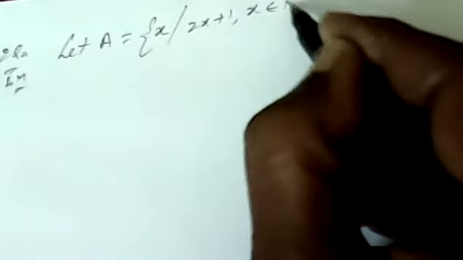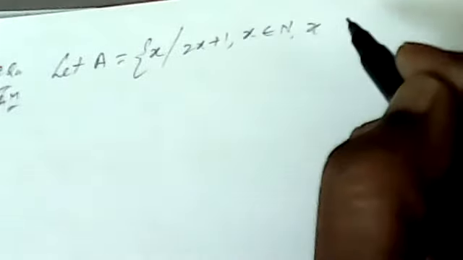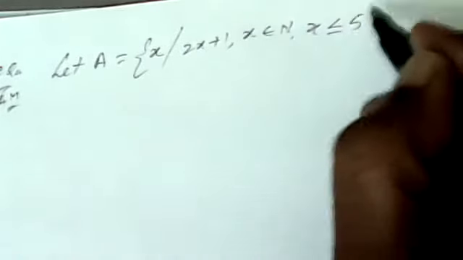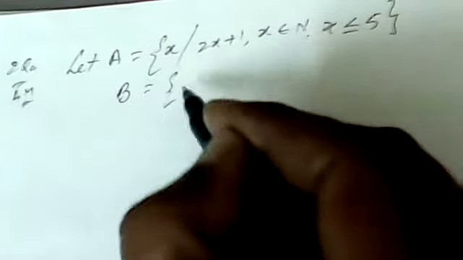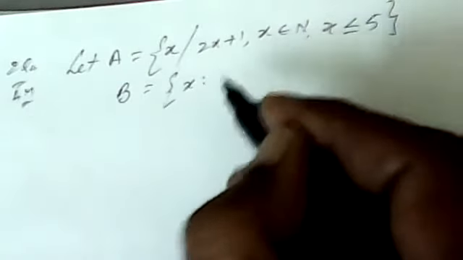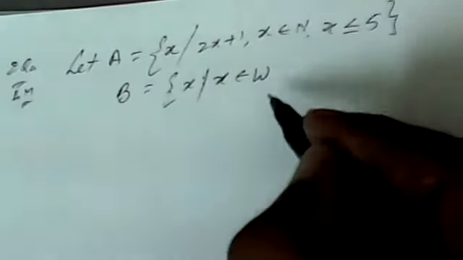Let A equal to the set of elements x such that 2x plus 1 is given and x belongs to N, x is less than or equal to 5. Set B of all elements x such that x belongs to whole numbers, x is less than or equal to 12.